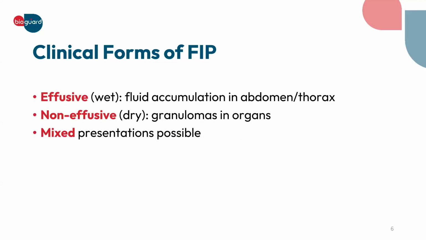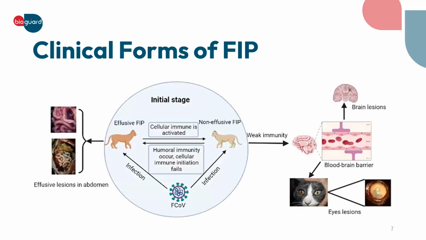And there is another form, non-effusive, which is known as the dry form, where granular masses develop in the organs of the cat's body. Sometimes in very severe cases, it can be mixed as well, where both effusive and non-effusive forms of FIP are present in the cat's body.